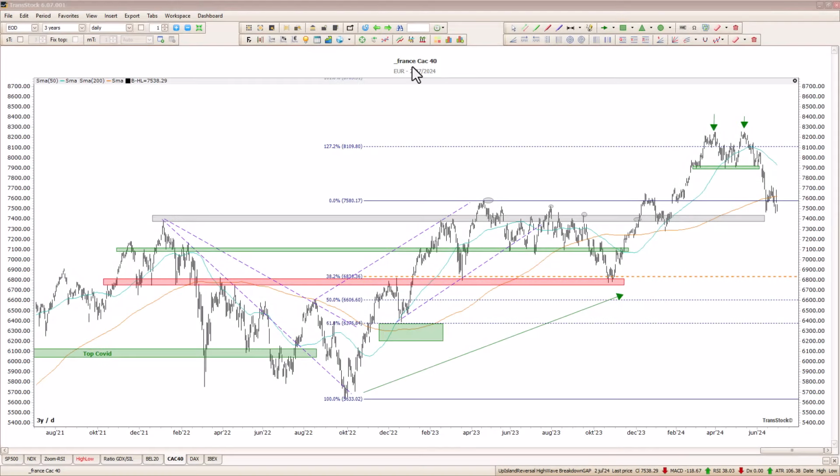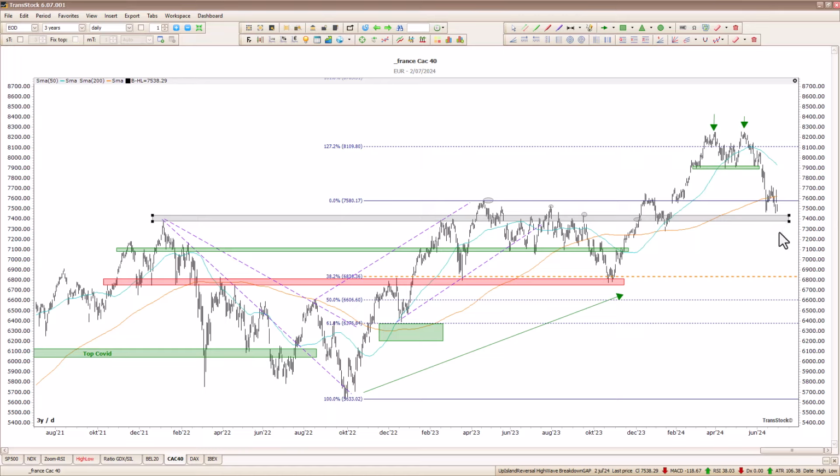Next, the CAC 40. We saw some weakness, and the results of the European election caused a drop of 6 to 7% to close the gap from January 2024. The main support held, and as always, this is a good opportunity to buy again.